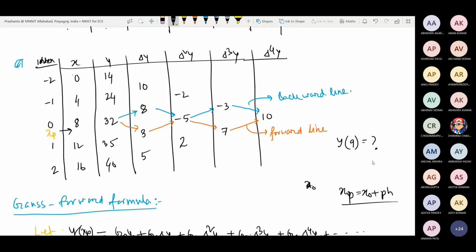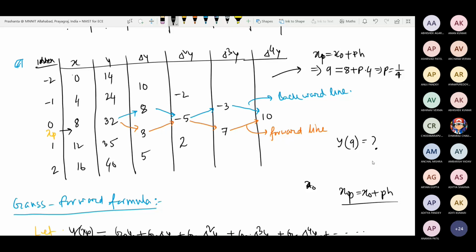So here in this problem, XP equals to X naught plus P into H. So what is XP? 9. You see, I asked you find out the output at X equals to 9. And what is X naught? Origin 8 plus P, and H is the difference between X values 4. So that is giving P equals to 1 by 4 or 0.25.